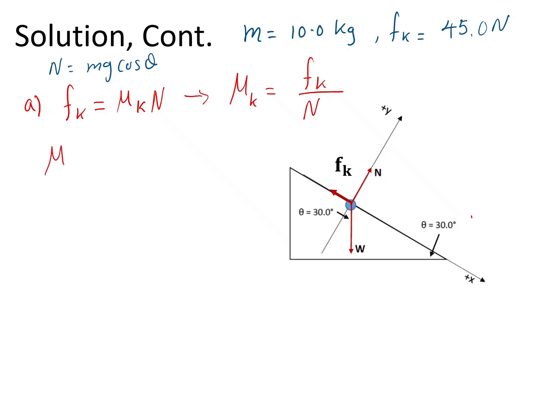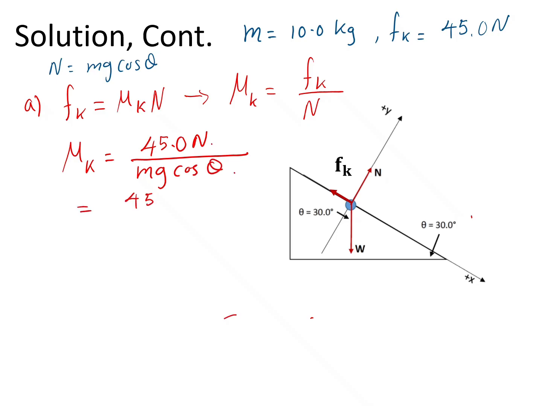So we get mu sub k is equal to 45 newtons divided by mg cosine theta, and then we can substitute the values to this.